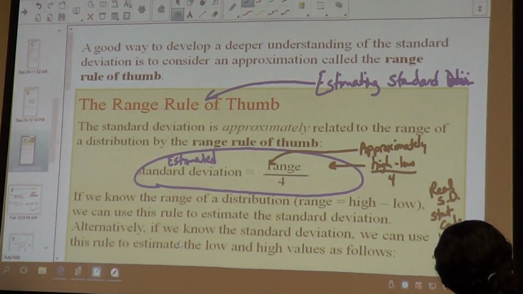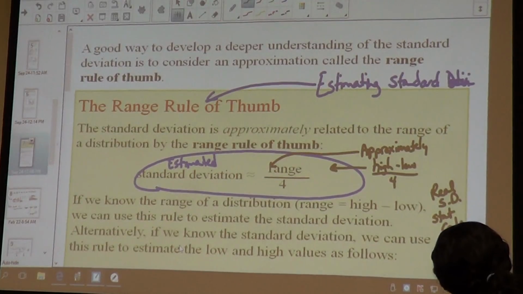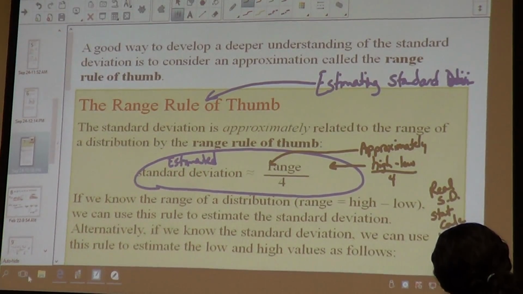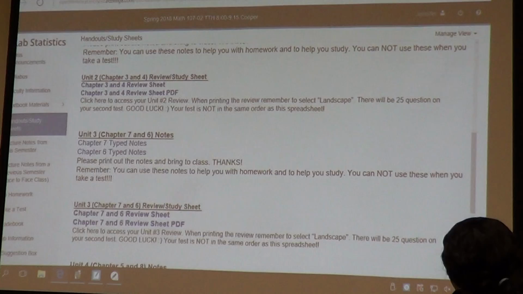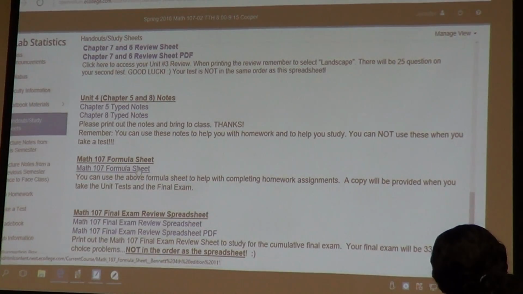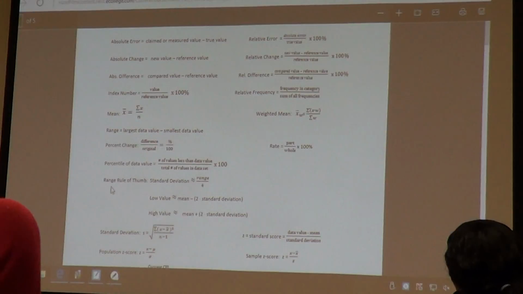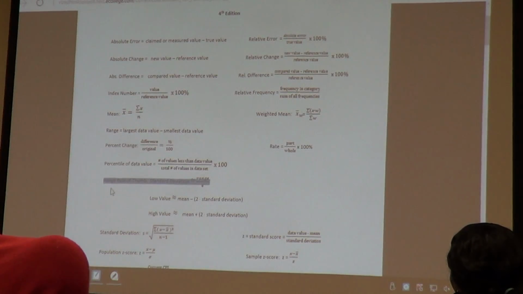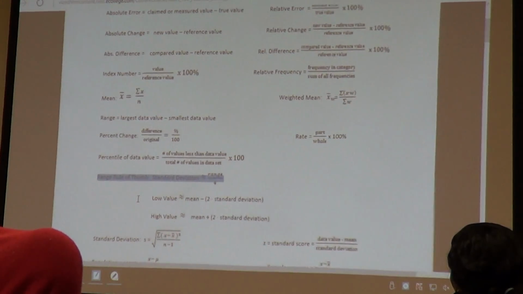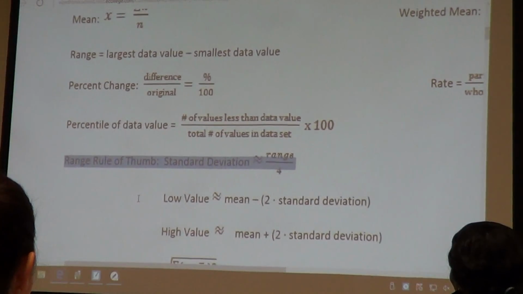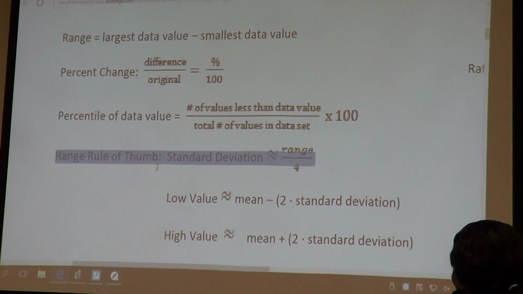And on your formula sheet, it even has, let me pull it back up, on your formula sheet, right here, let me make it bigger so you can see it. It says range rule of thumb.